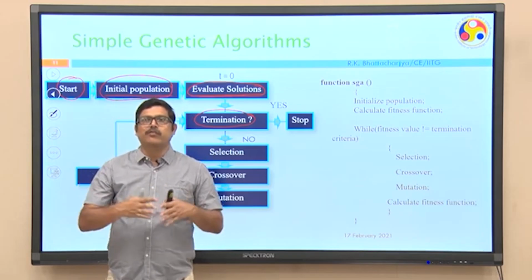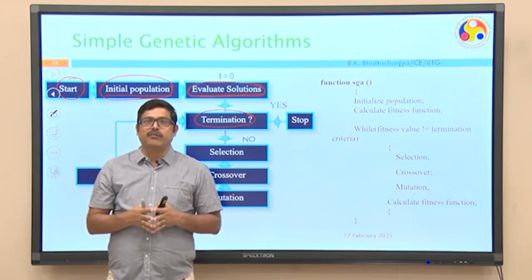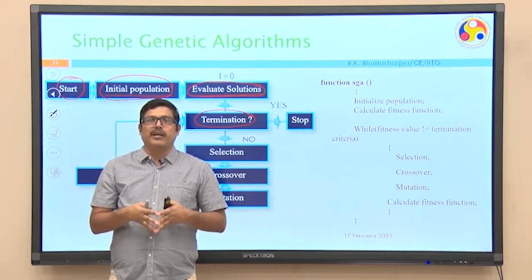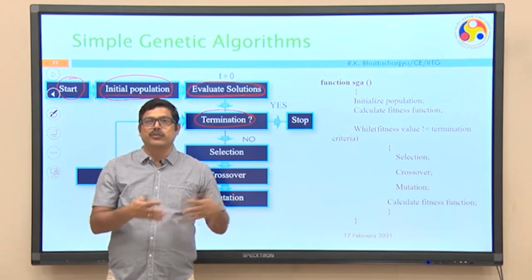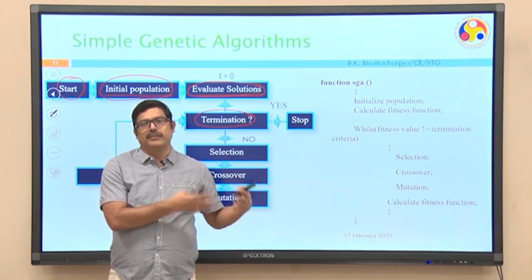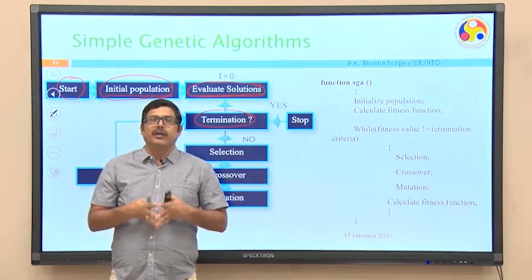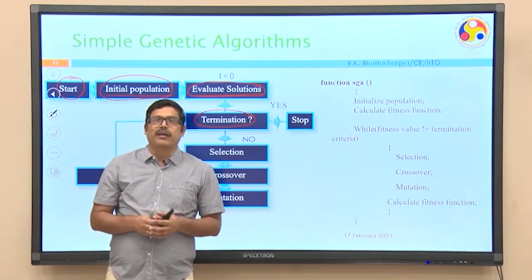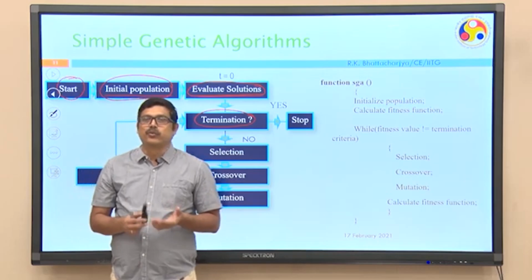If it is not changing, that means you have reached the optimal solution, and that is why you are not getting any improved solution for the last 10 or 50 generations. In that case I can declare that I already got the optimal solution, and therefore terminate the iteration. So that may be another criterion.